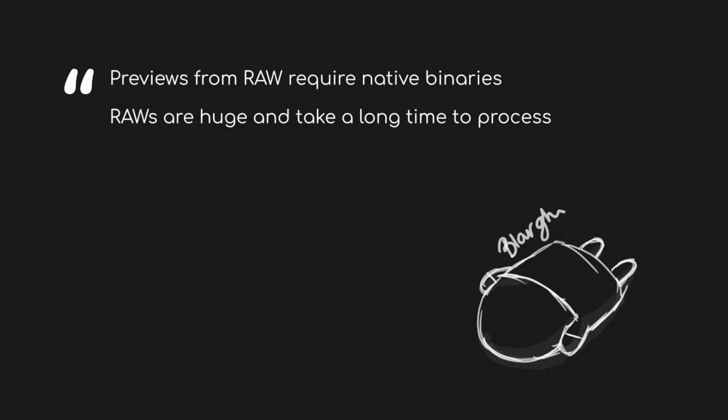Yeah, but ExifTool and ImageMagick are native binaries, so getting those up and running in a Lambda function, well, it is possible, but sometimes you are lazy, especially when doing these personal projects. And then again, these raw files are quite huge, and those take quite a long time to process.